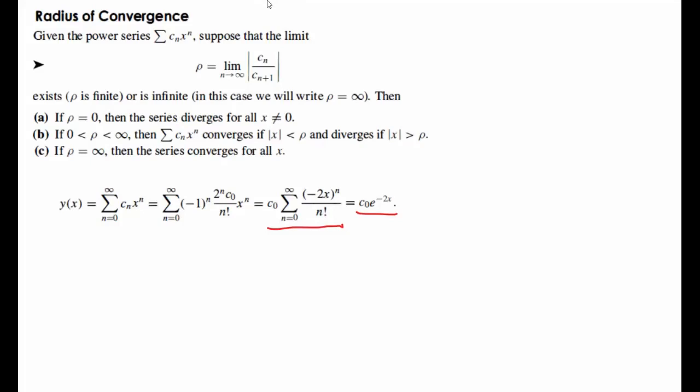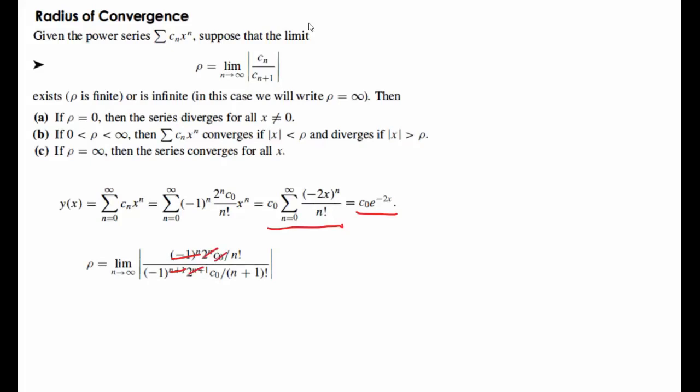This would be rho, so that's the nth term and that's the n plus 1th term. And of course we can see a lot of cancellations going on here. Clearly the minus 1 to the n and the minus 1, only one will remain. So that's gone essentially. And the 2 to the n goes away and leaves us with just a 2.